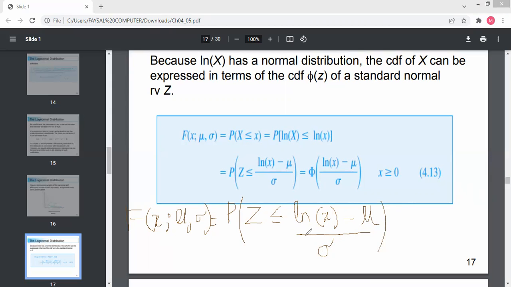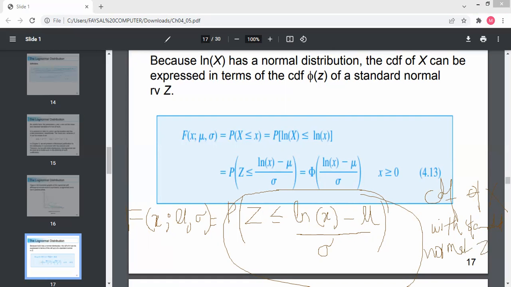Okay, so basically this is the CDF of x. It can be expressed in terms of the CDF of the standard normal z.